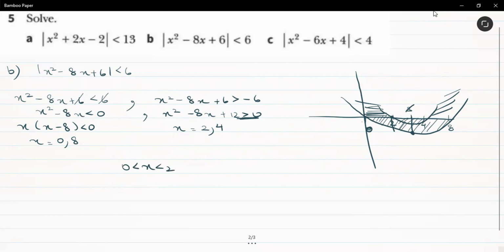So what we can say is when x is greater than 0 but lesser than 2, it's going to have the first graph being lesser than 0 and the second graph being above 0. And then from 4 till 8, we are going to get two sets of values for this. So x is greater than 4 but lesser than 8.